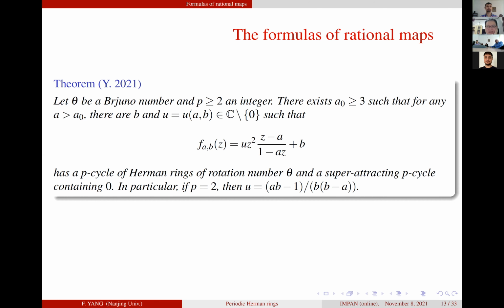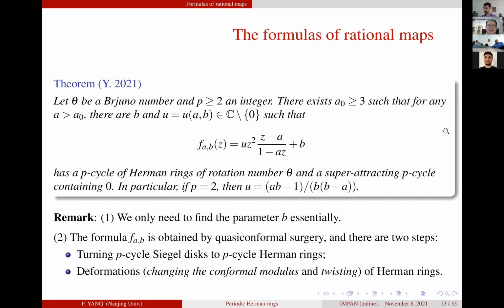So yes, and I think the A naught depends on theta. But here we find the formula, also for some numerical experiment, to find the A naught.